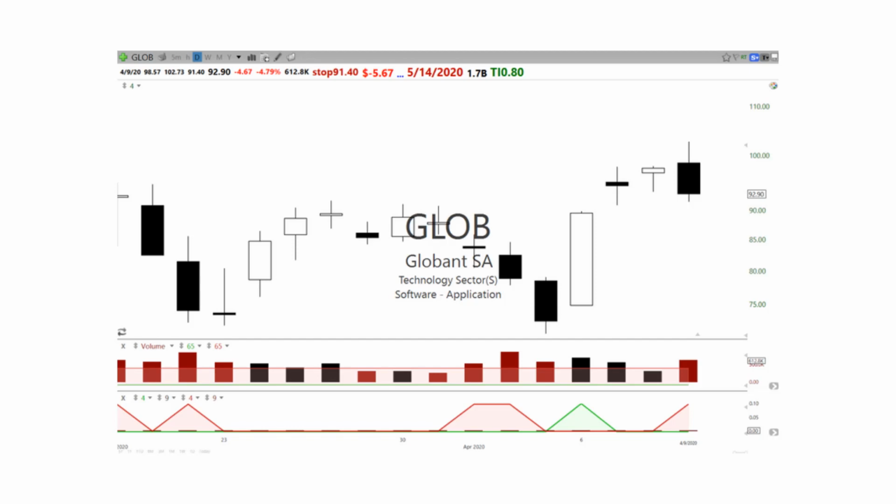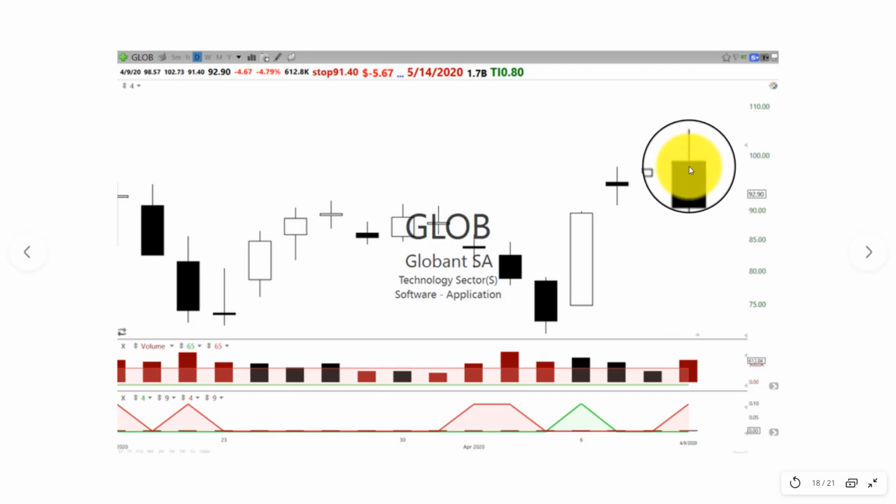So let's look at this stock right here, GLOB. We can see that the opening price of the stock was $98.57, so that was the top of the box right here, and the closing price was $92.90 down here.